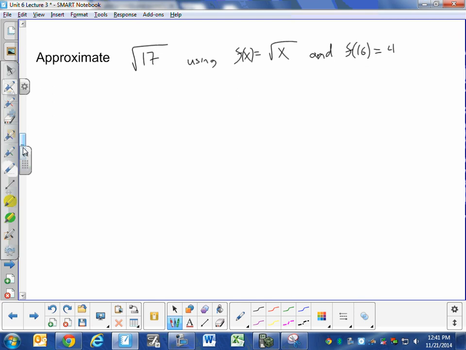Let's try to approximate the square root of 17 using your function, the square root of x, and knowing that the square root of 16 is 4. So develop your tangent line when x is 16 and use that to approximate f of 17.